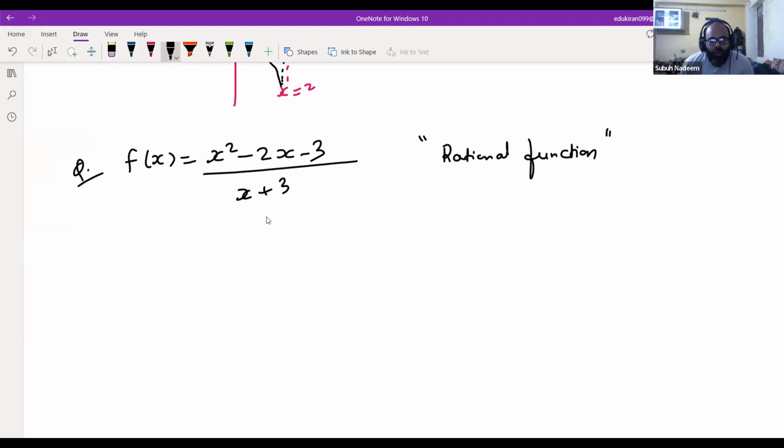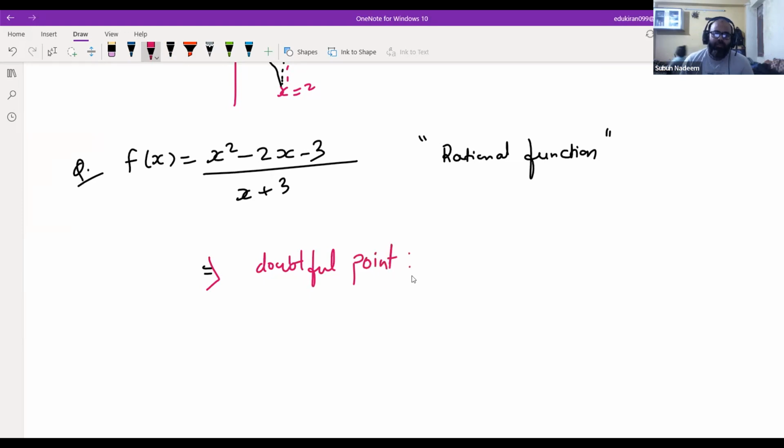Now here, all the points are okay. You can further say that there is only one chance where it may be discontinuous. We can call it a doubtful point. We are not sure, but that point is doubtful.